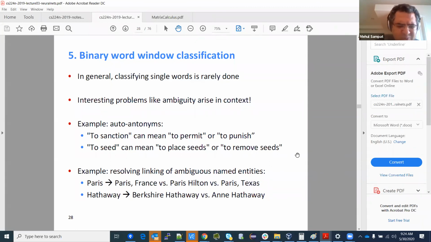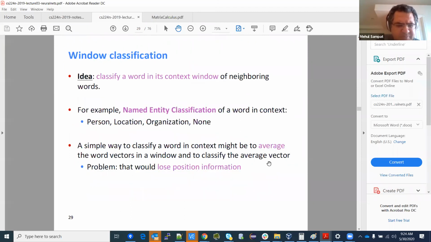That was the two examples which I thought of. Yeah, that's interesting. And another example is Hathaway. Berkshire Hathaway is a big company, and Anne Hathaway is a Hollywood star, and the same as you could have Paris, France, or Paris Hilton, and so on.